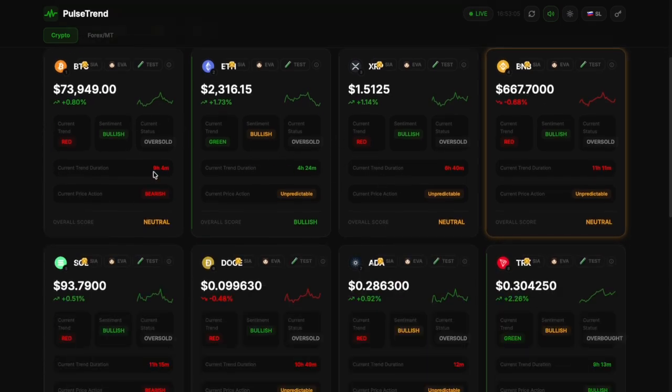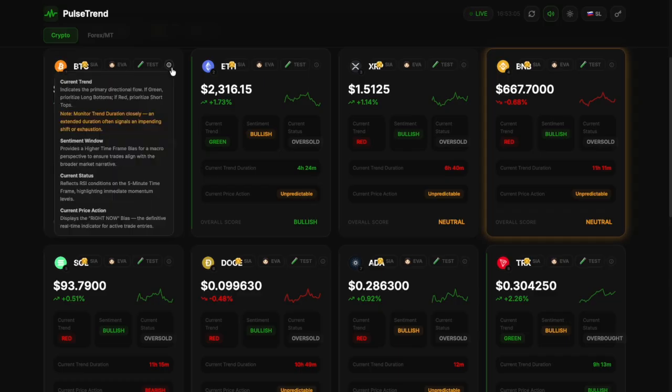On Bitcoin, we have the current trend, which is red, been going on for 9 hours, but the sentiment is bullish, and the current price action is bearish. As we said, more on what these individual windows mean is explained in the information box over here.